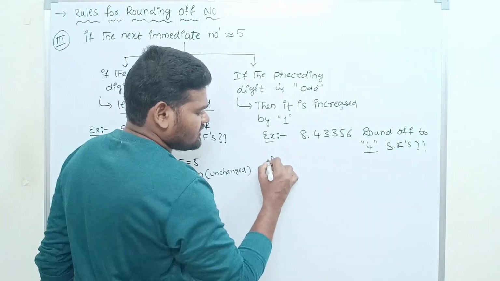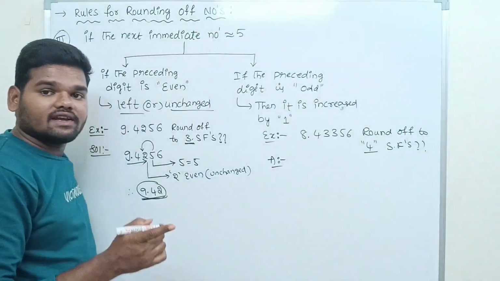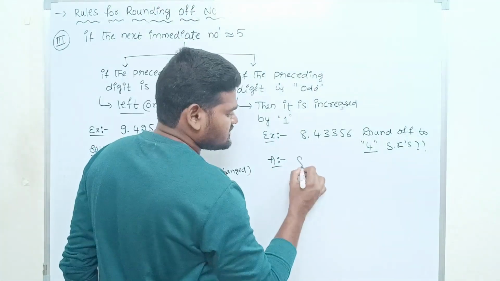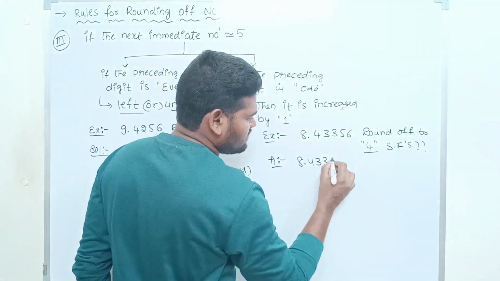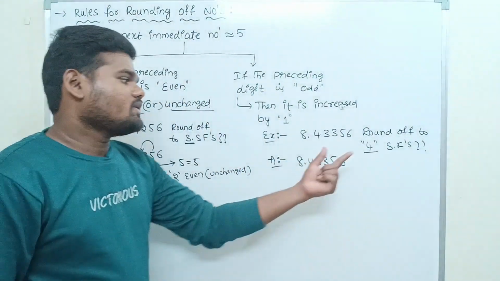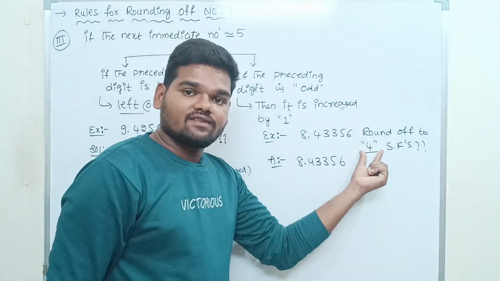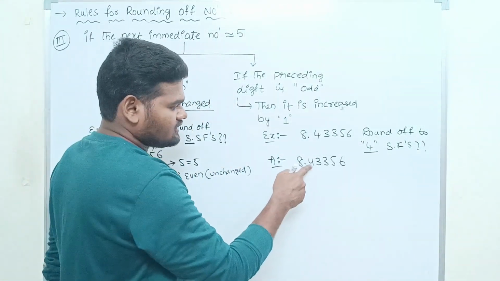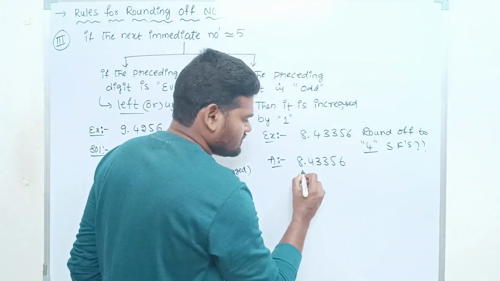Have a look carefully. We take the given number first, 8.43356, and round it up to four significant figures: 1, 2, 3, 4.